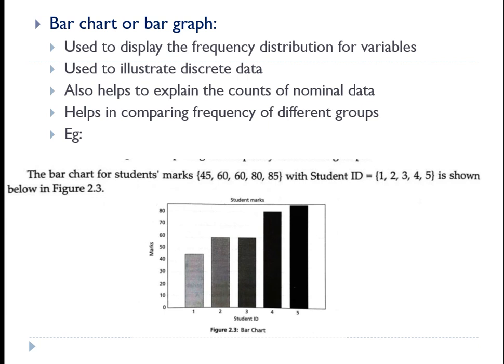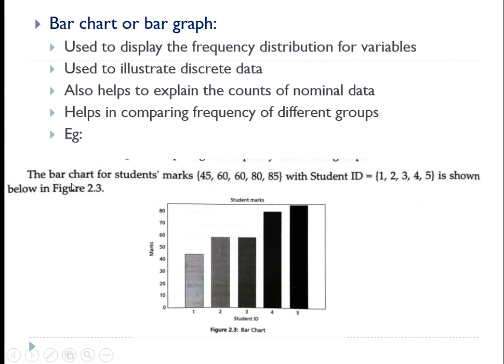Because after you implement the algorithms, you're going to do a lot of graphical analysis, and you might be confused about which kind of analysis to go for, bar chart or pie chart. This video will help you decide which would be good. Suppose you want the frequency distribution of your variables, go for a bar chart because it will also help you count the nominal data. It will also help in comparison.